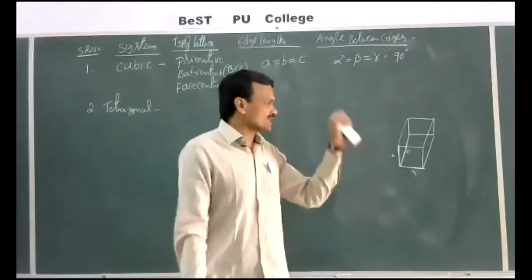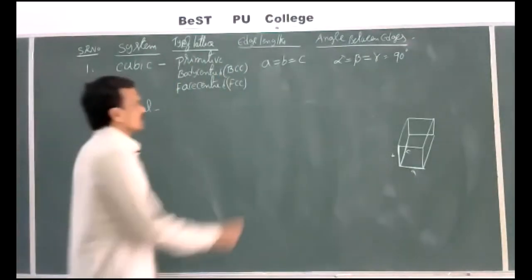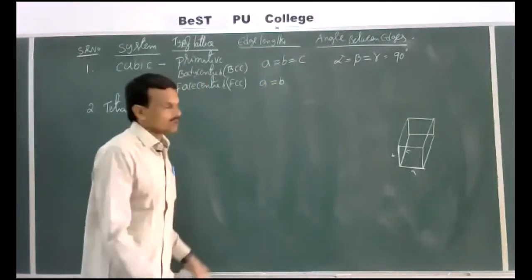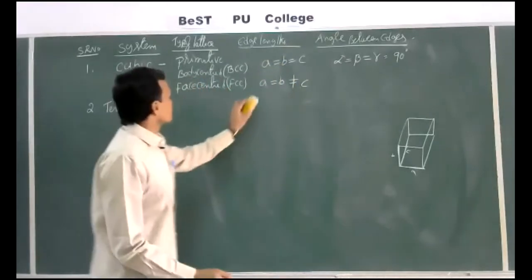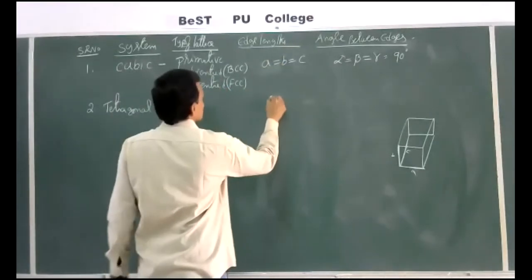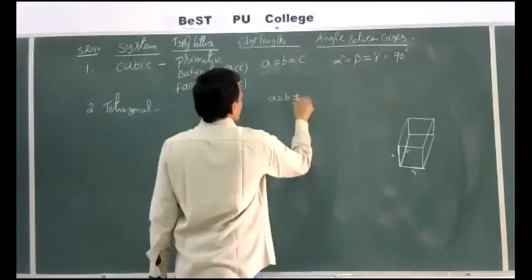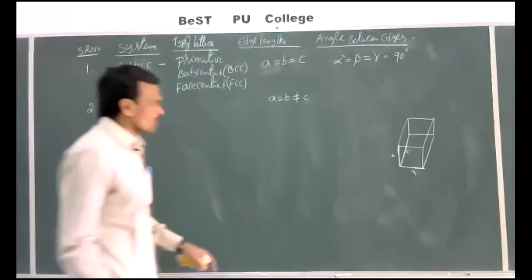So in a tetragonal system, two edge lengths are equal. That means A is equal to B, but not equal to C. And what about angles?